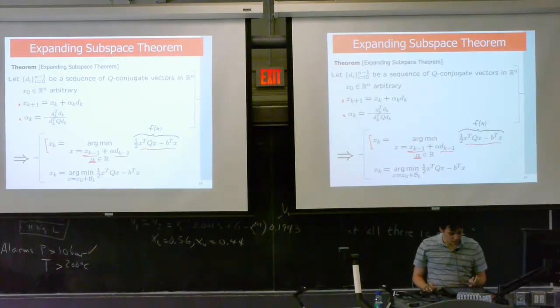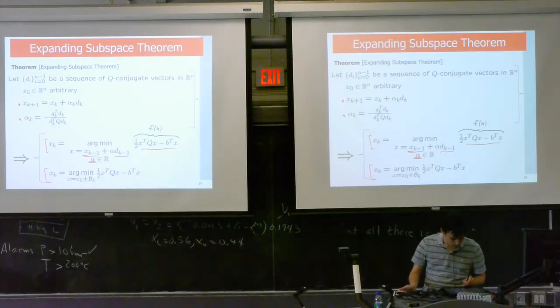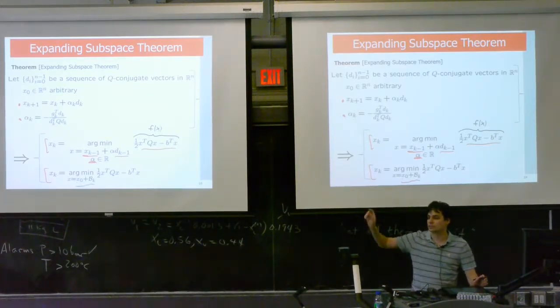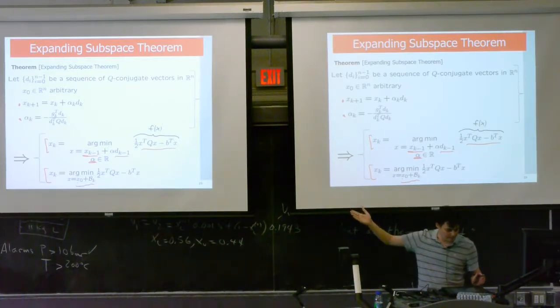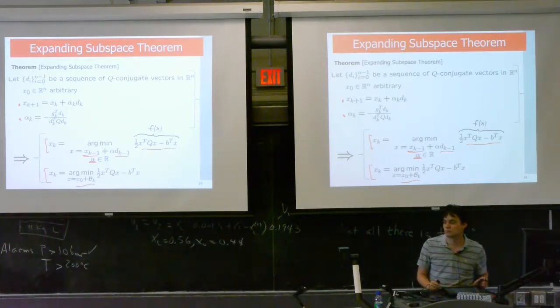And also this xk is a minimum of a k-dimensional minimization problem, where you are minimizing in this domain: x0, your starting point, and in that starting point you place this Bk subspace, which was just the span of the first k conjugate directions.